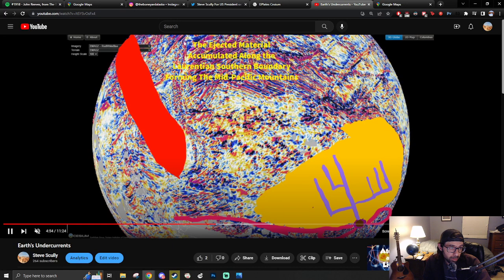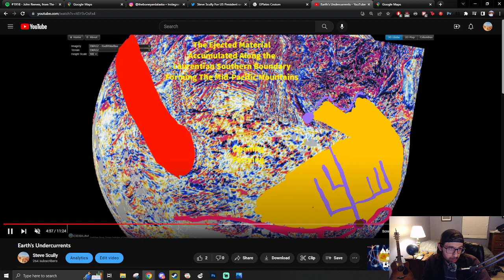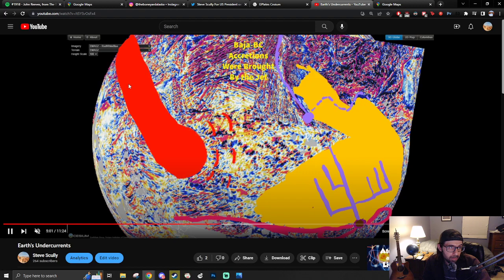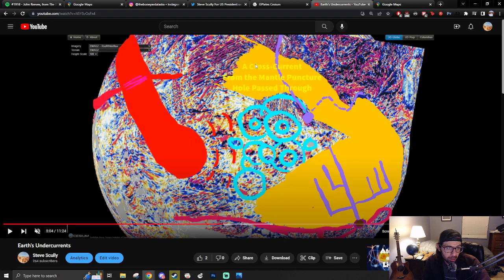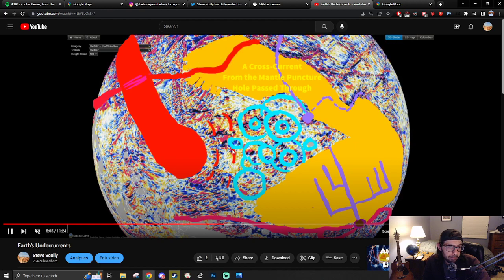Like, oh, I was drawing this, I put this map, and I was like, wait a minute. When I draw this current cutting across, a cross current from the mantle puncture hole, which then I took out the map right then when it reaches here, just so we can see what's going on.